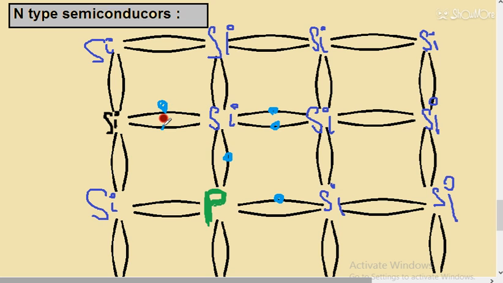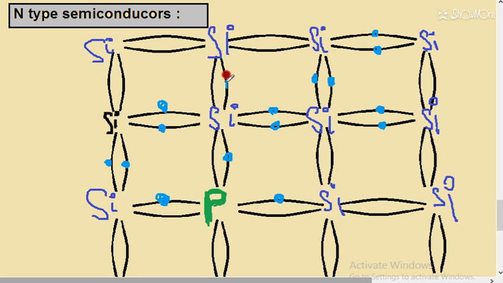So these are the electrons of silicon that we were studying earlier. 4 electrons are shared by each silicon atom like this. These blue electrons belong to silicon, and every 2 electrons will make a covalent bond.